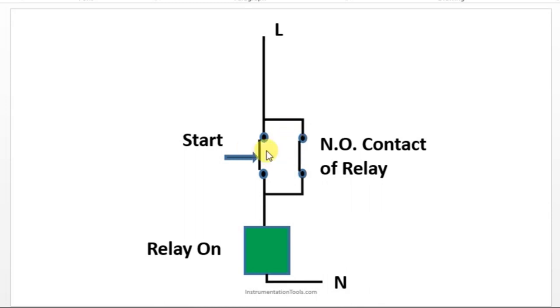Now power is coming from this route and also from this route. If you cut down this route, power will take the other route. That's it. See, if you remove the contact, it is taking this route so that the relay stays in the on condition. This is called latching.